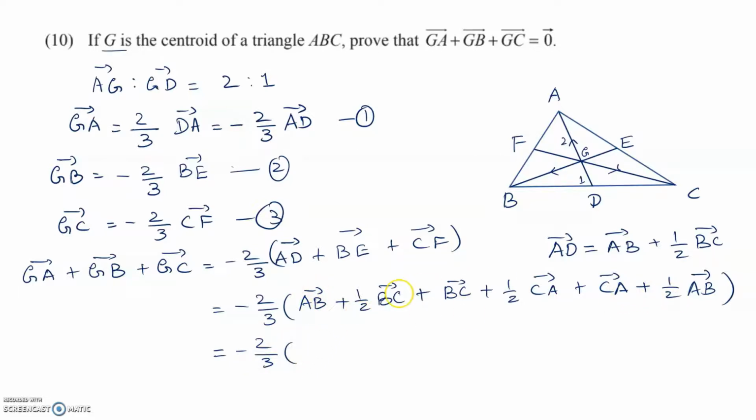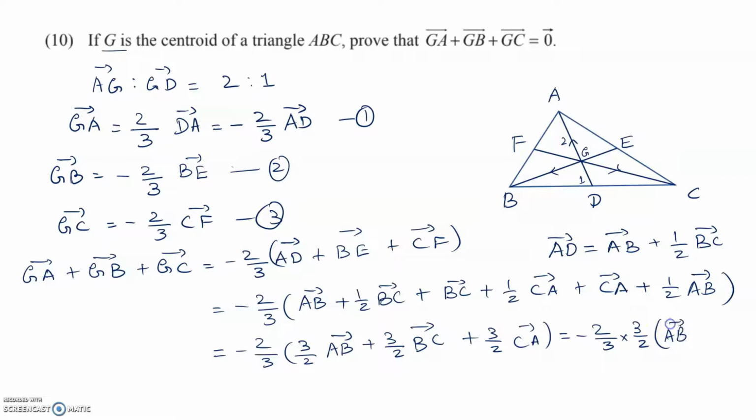AB plus half of AB can be written as 3/2 AB vector plus 3/2 BC vector, half of BC plus BC, half of CA plus CA can be written as 3/2 CA vector, and that can be written as minus 2/3 into 3/2 into AB vector plus BC vector plus CA vector.